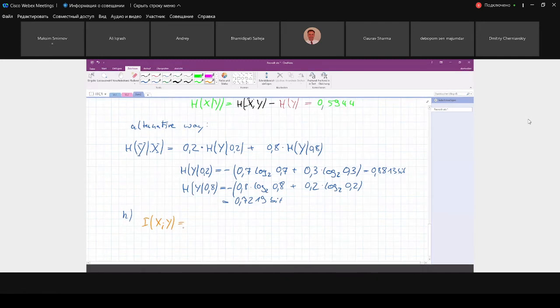There are several ways, of course, to calculate this. One simple way, which is often used when we talk about channel capacity, is to take the entropy of this output variable Y and subtract H of Y given X. Now we can insert values and calculate this.